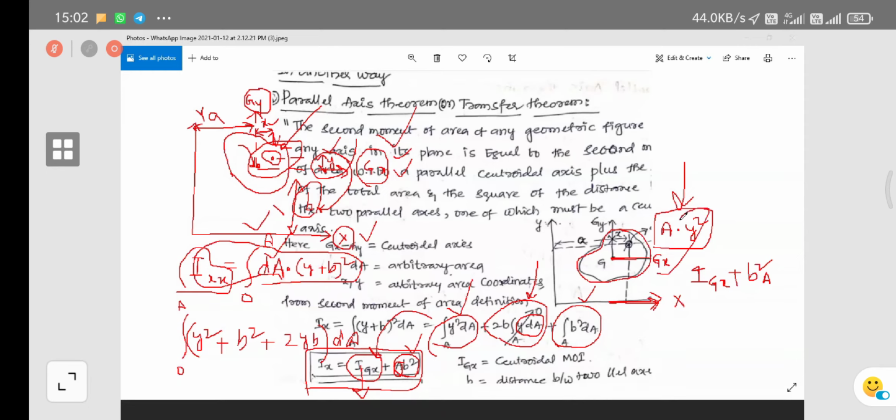One axis is your gx axis and another is your x axis. These two are parallel to each other, deviated by distance b.